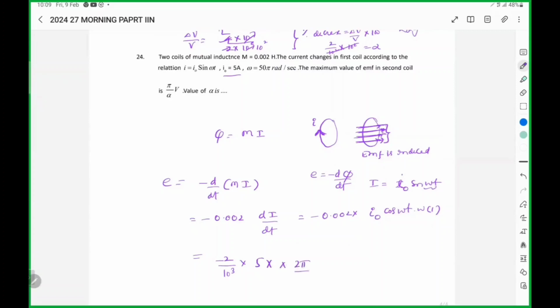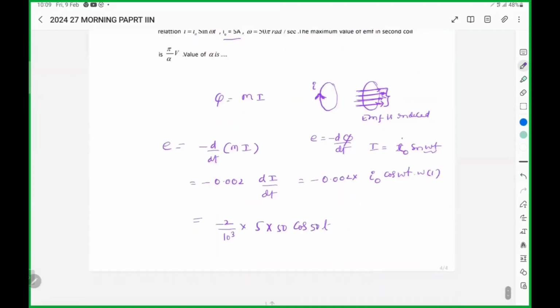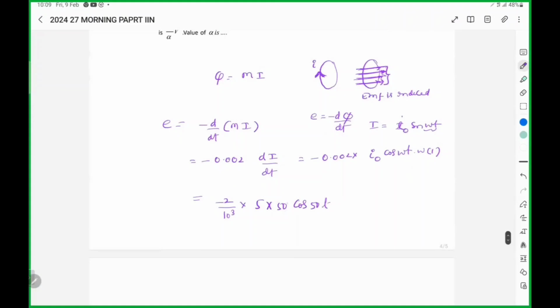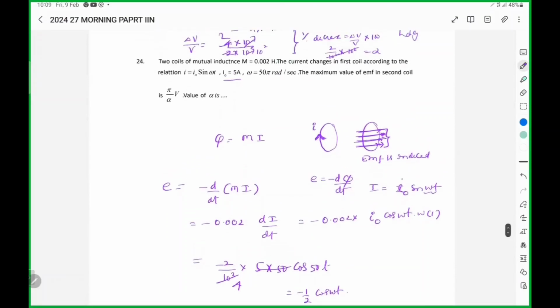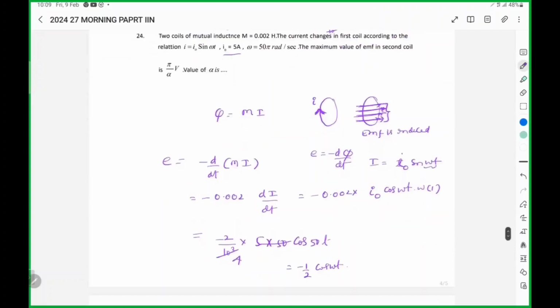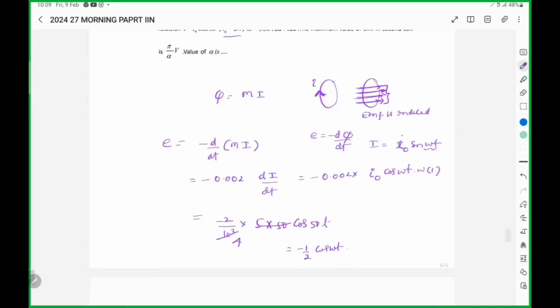Omega is given as 50 pi, so it's 50 cos of 50 pi t.